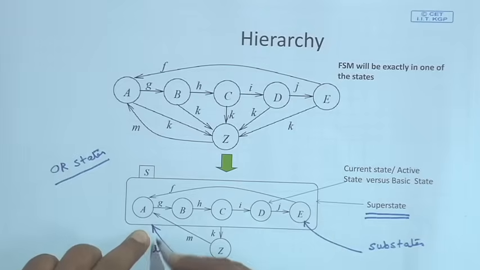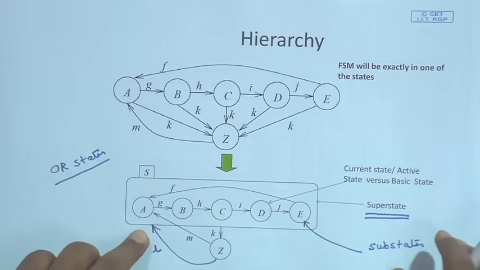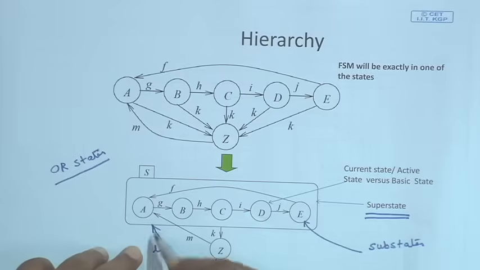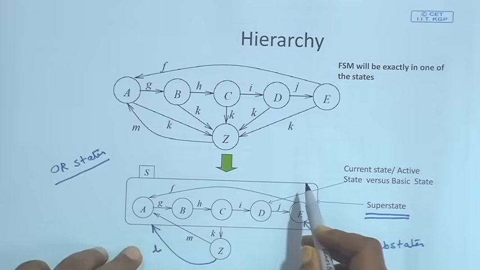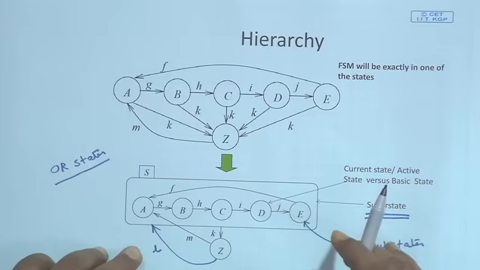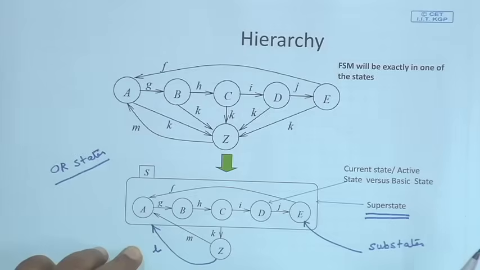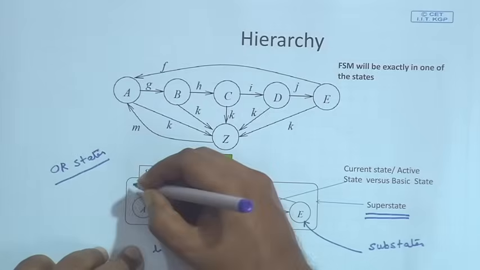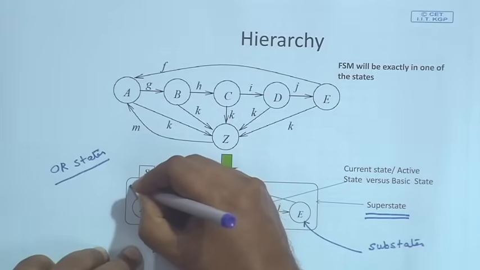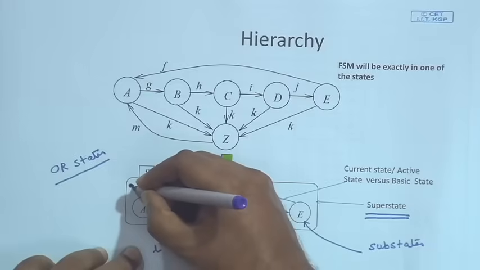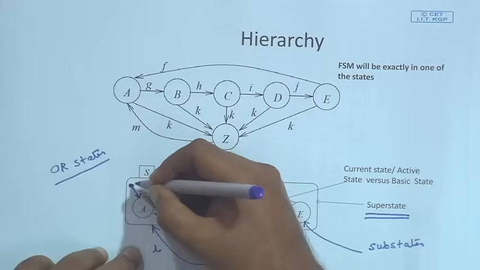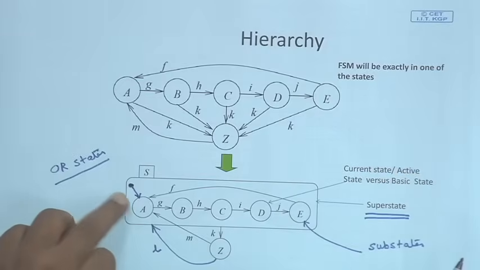What does this arrow mean? This arrow means that it goes to this superstate, but I have not specified where in this superstate it goes in. For that, we usually denote a default state, for example, like this, a solid circle with an arrow.